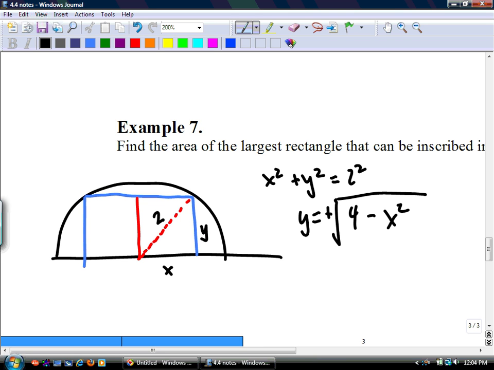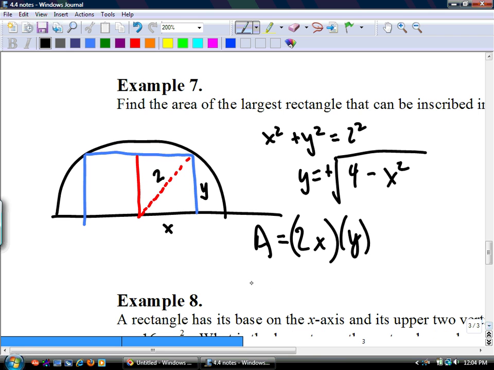2x times y. Area equals 2x times y. Take that formula for y, put it in there, 2x.